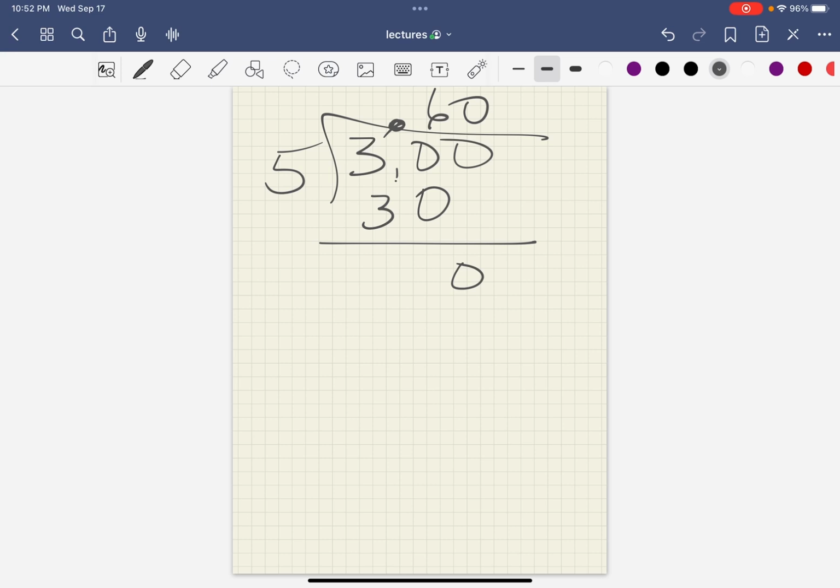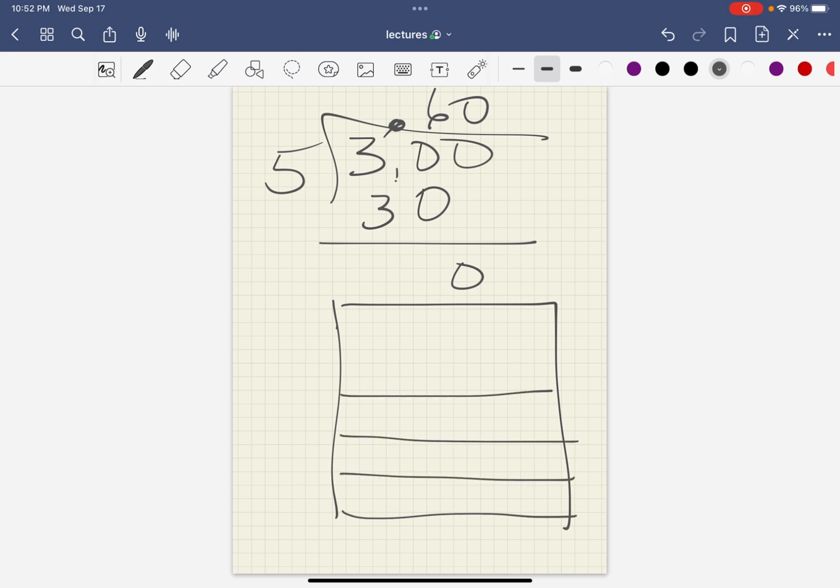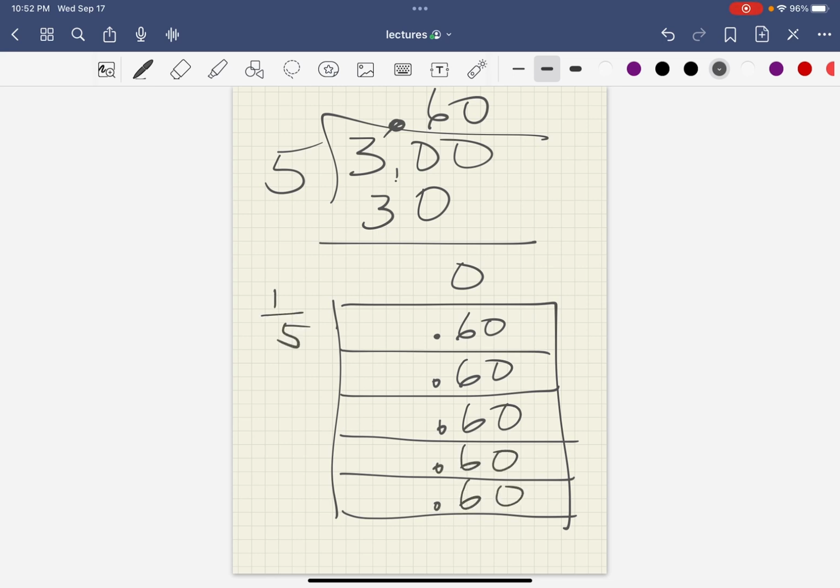So 1/5 of $3 is 60 cents. So if we break it up into 1, 2, 3, 4, 5 groups, each one of these is 60 cents. So that's 1/5, that's 1/5, that's 1/5, that's 1/5, and that's 1/5.